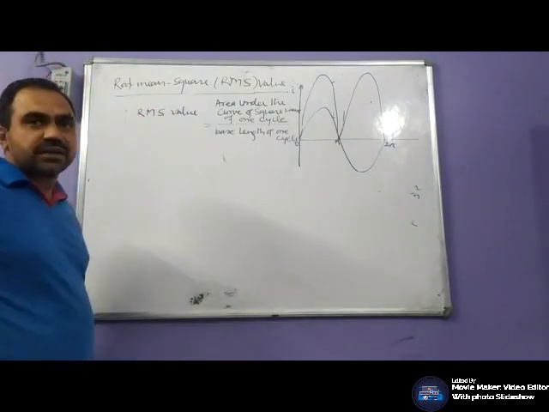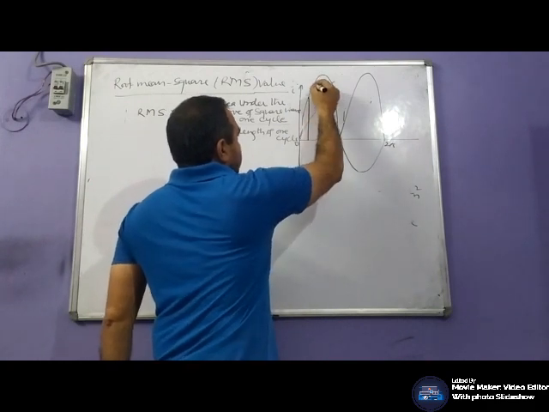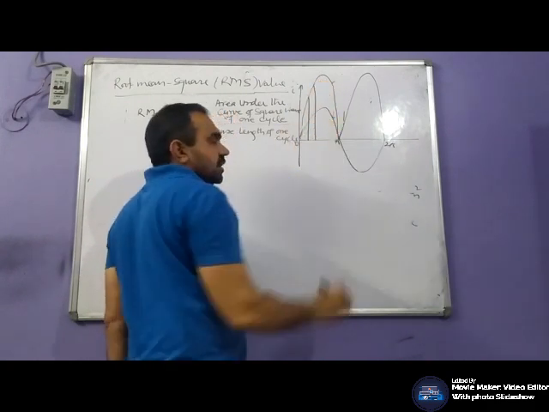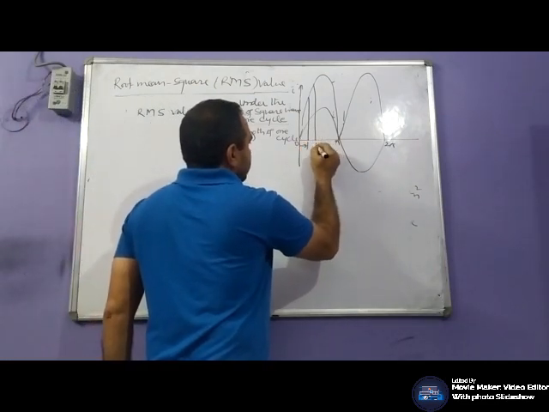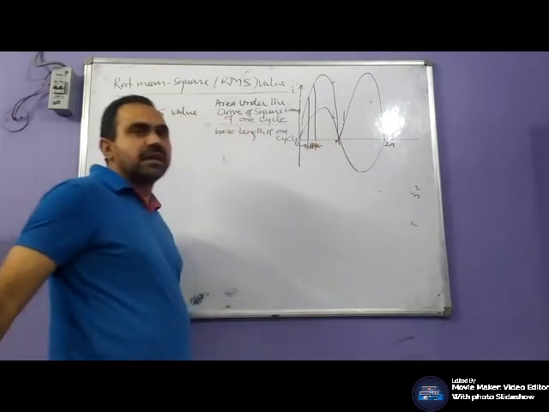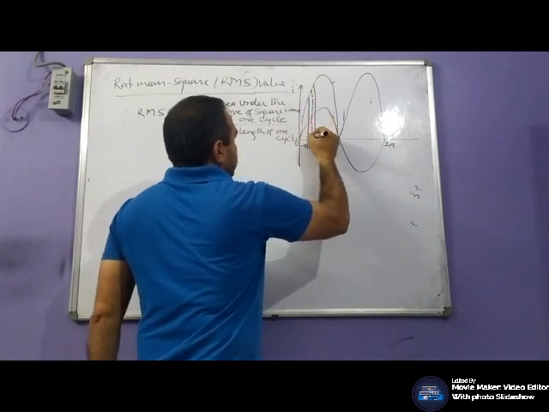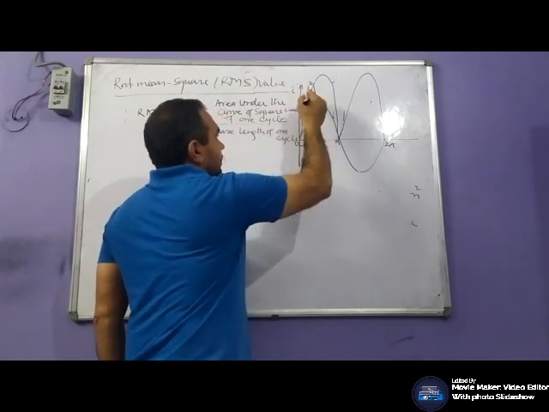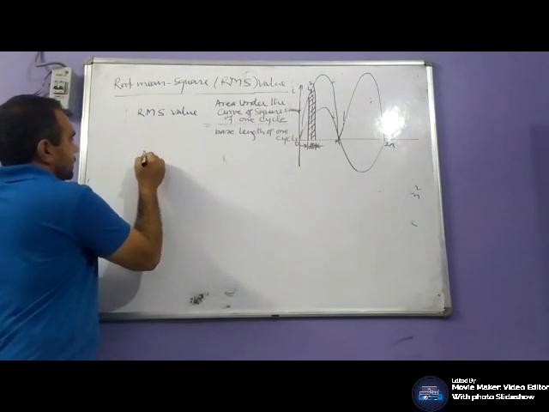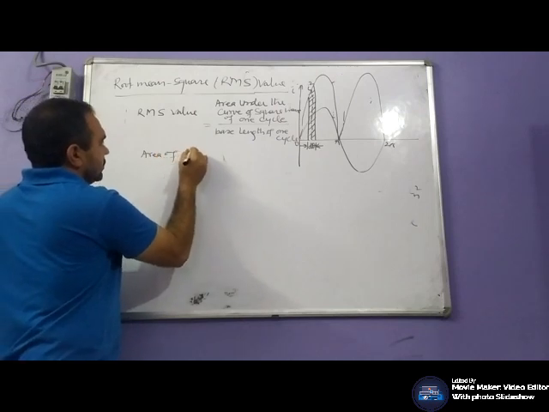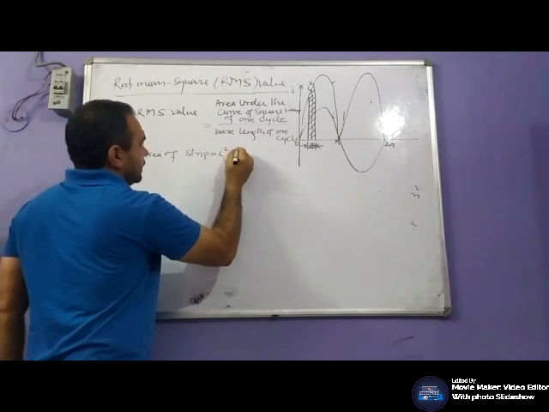And what will be the area under the curve? To find the area under the curve, let us cut a strip in the squared wave of thickness d theta. D theta is the thickness of the strip, and I squared is the mid ordinate of the strip. So the area of the strip is I squared d theta.